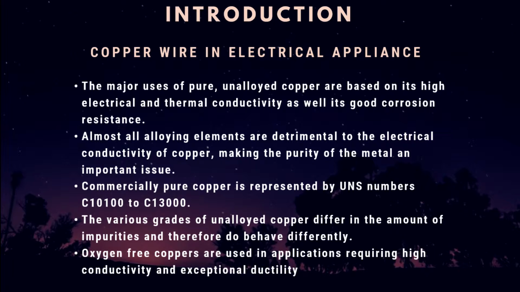Commercially, copper is represented by UNS numbers C10100 to C13000. The various grades of unalloyed copper differ in the amount of impurities and therefore behave differently. Oxygen-free coppers are used in appliances or applications requiring high conductivity and exceptional ductility.